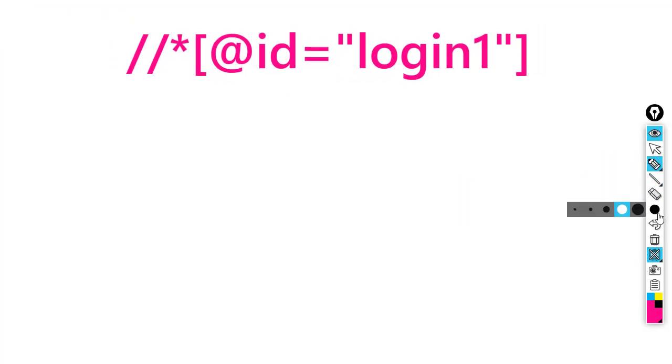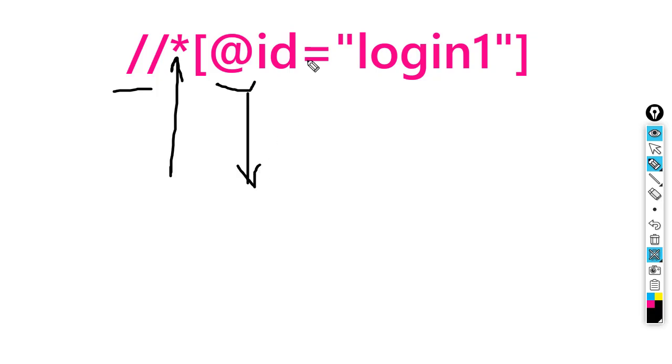Now over here, see, the first thing is this, right? Double forward slash, then there is this star, right? Then there is this @. What does it mean? And what does this ID mean and what does this value mean? Let us just see that.